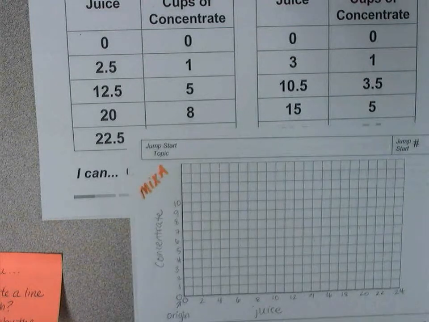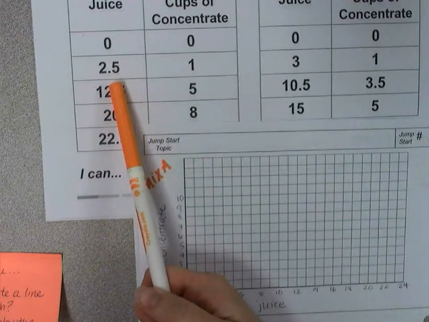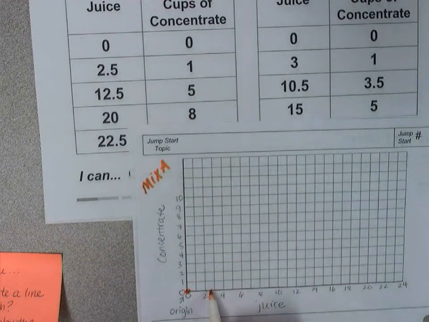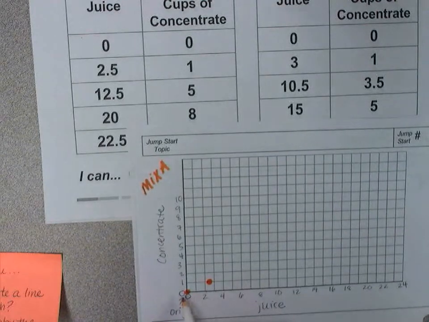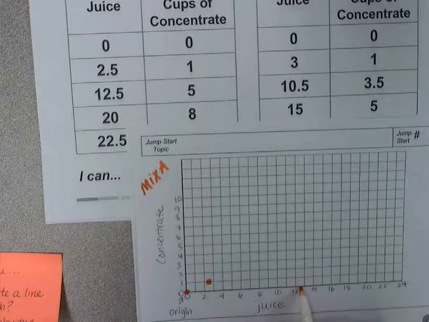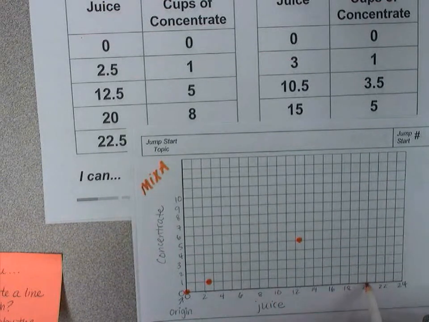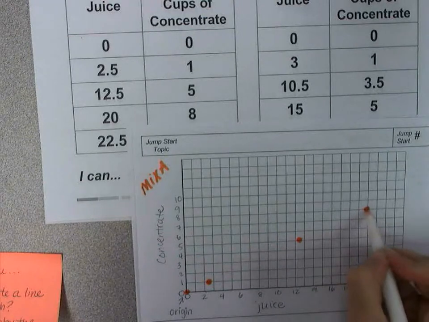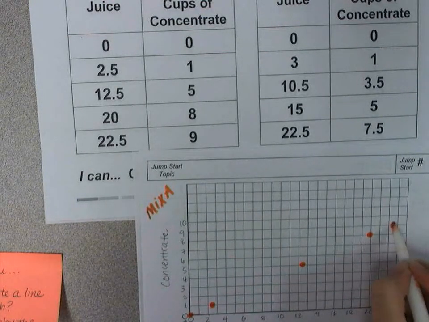So we have 0, 0, right at our origin. 2.5 cups of juice is 1 cup of concentrate, so 2.5 is going to be in between our 2 and a 3 and up to 1. 12.5 up to 5. 20 up to 8. And 22.5 up to 9.